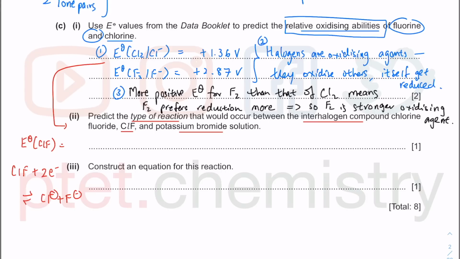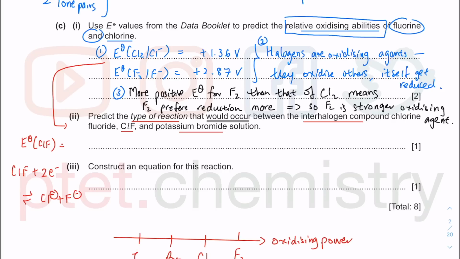So they are asking what would be the value? Well, predict the type of reaction that will occur. That would occur means we're expecting it to occur. If it does occur, both of them are stronger oxidizing agents than bromine, so both of them can oxidize bromide to bromine. If you imagine the oxidizing power of the halogens from AS chemistry, fluorine, chlorine, bromine, iodine, like that.